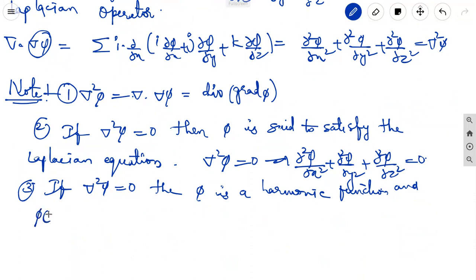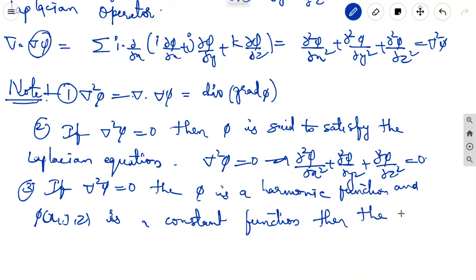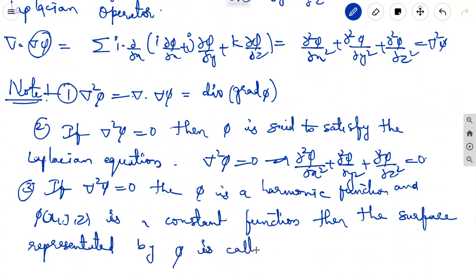And if phi of x comma y comma z is a constant function, then the surface represented by phi is called the potential surface.